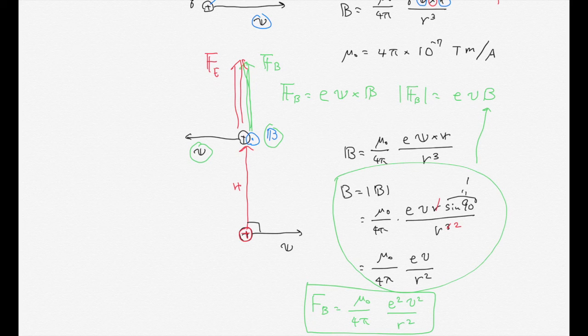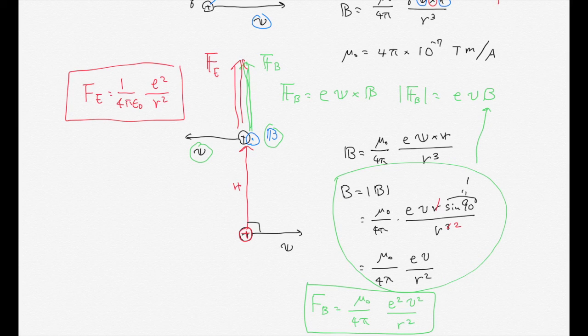The magnitude of the electric force is expressed as 1 over 4 pi epsilon naught e squared over r squared. So we have two forces, electric force and magnetic force, acting on the black proton in the same direction.